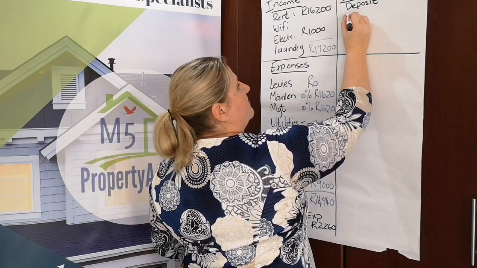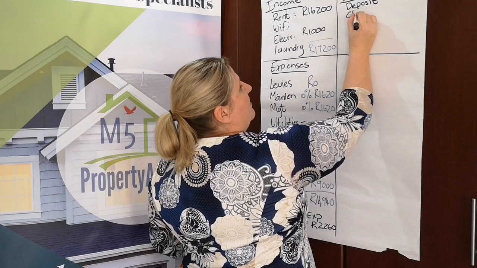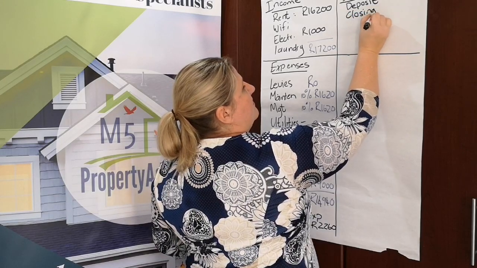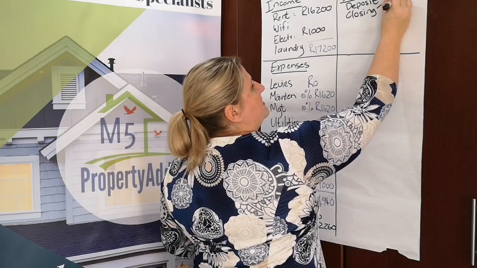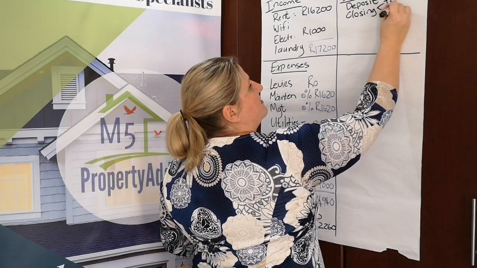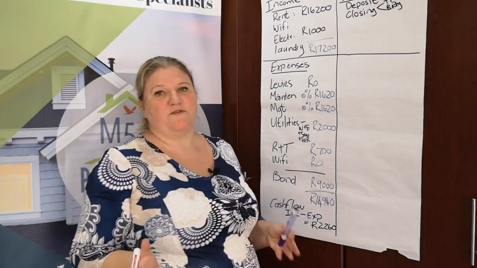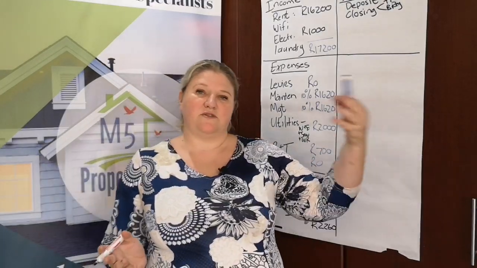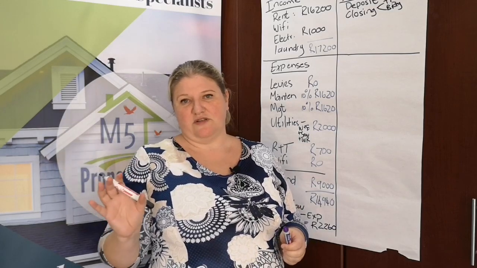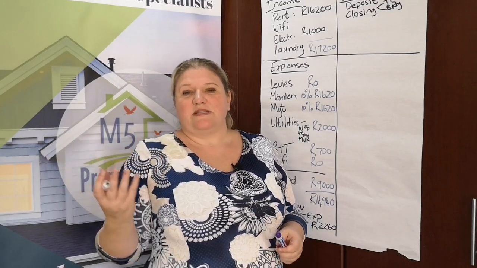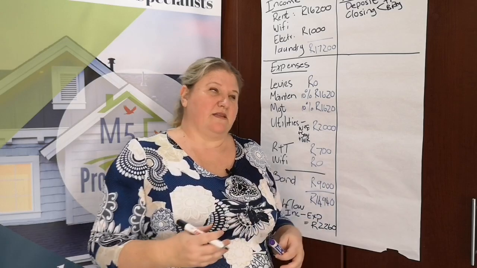Second thing would be your closing costs, which is basically your transfer fees and your bond registration fees. All right, so yes, there's two different things. Transfer is to get it to the deeds office into your name. The bond is the charge that the bank charges to register that bond on your property at the deeds office.